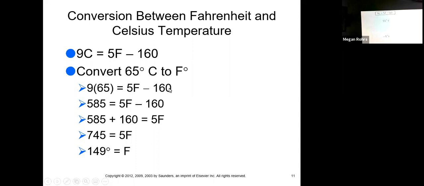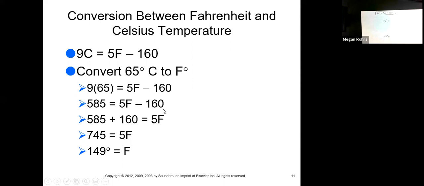And then we need to get the F by itself. So here we just multiplied these two to give us 585. We want to get this 160 onto this side of the equation, so we're going to add it to this side here. And now to get this F by itself, we need to actually divide by 5 here.